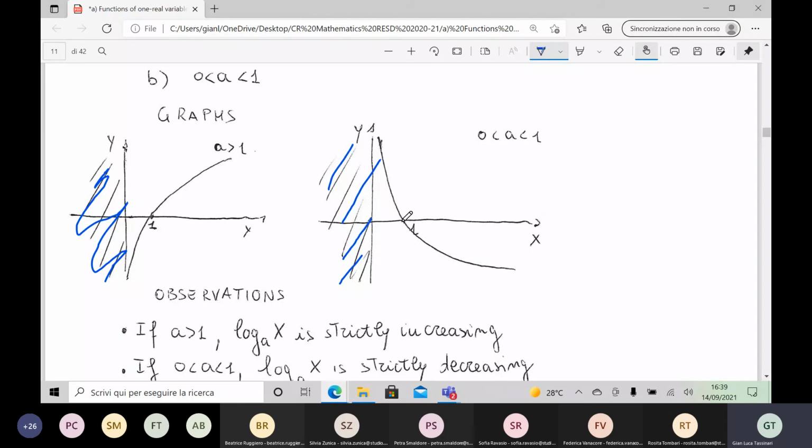Furthermore, the other observation I make for the moment is that if the basis a is bigger than 1, the logarithm has this pattern, is a strictly increasing function. If the basis is smaller than 1, the logarithm is a decreasing function.